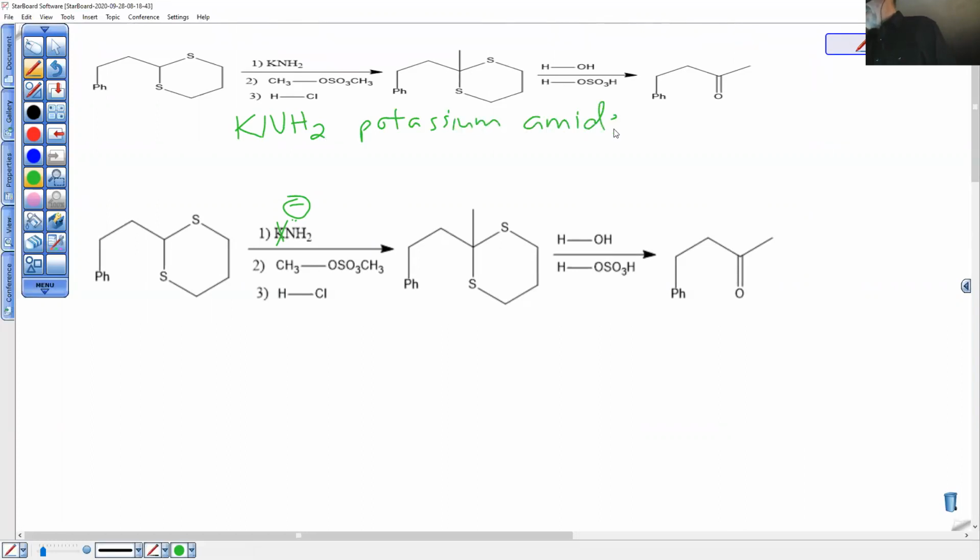If I said amide, which has the exact same spelling, what would be wrong with saying it like that? Well, amides look like this. Carbonyl nitrogen. So it's just pronunciation. Ide for amide, amide for this one. Once again, you don't have to pronounce them differently. I'm never going to grade you for pronunciation.